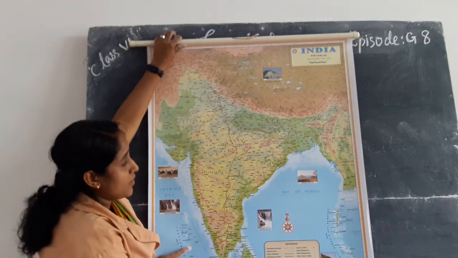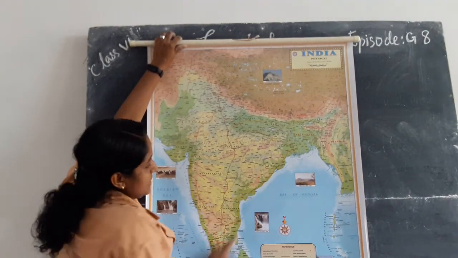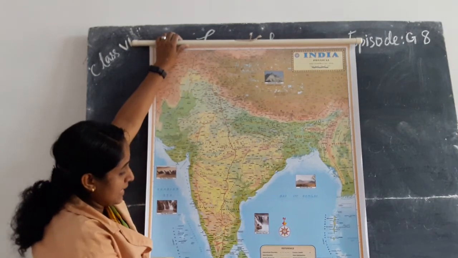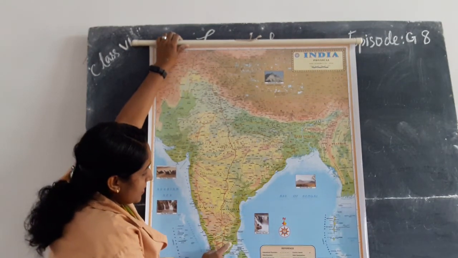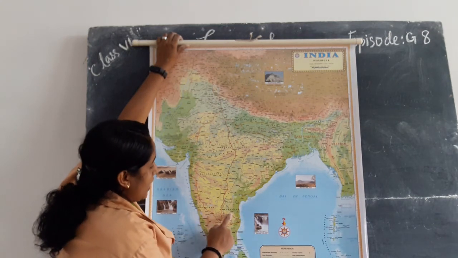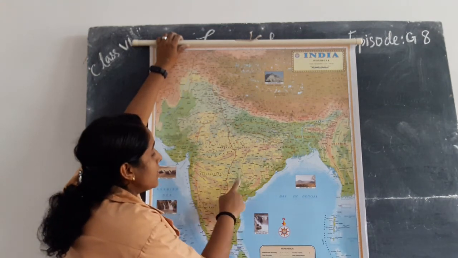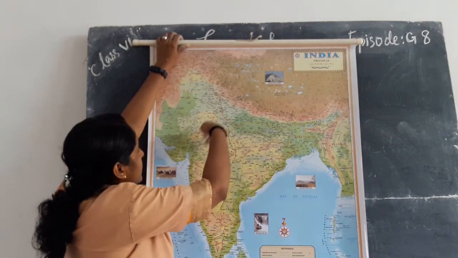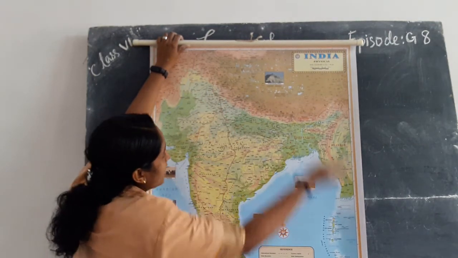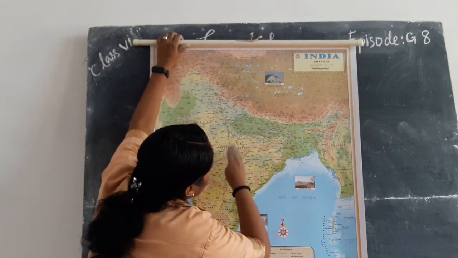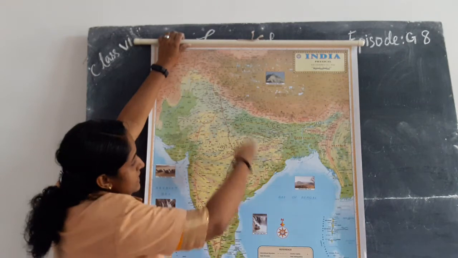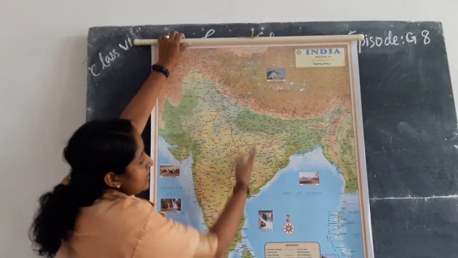Look at this map. We can see this is our India, the Indian political map. We can see the states: Kerala, Tamil Nadu, Karnataka, Andhra Pradesh, Maharashtra, Telangana, Gujarat, Jammu and Kashmir, Punjab, Uttarakhand, Jharkhand, Chhattisgarh. These are the states.